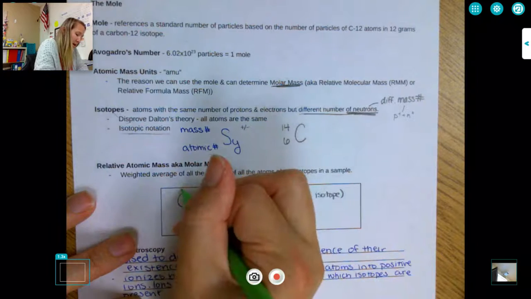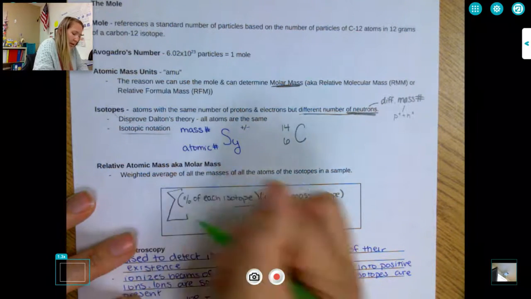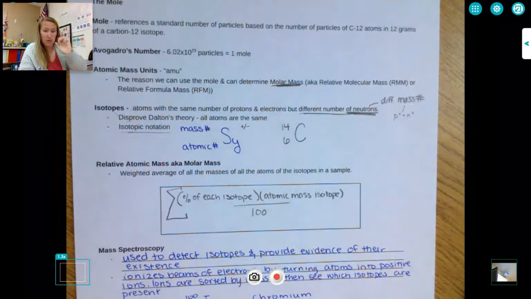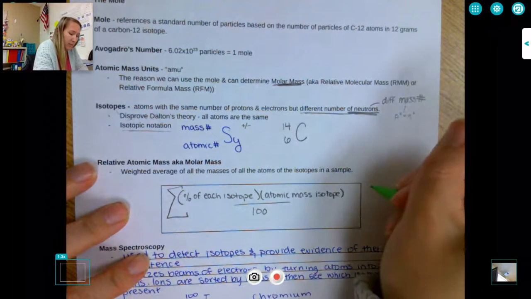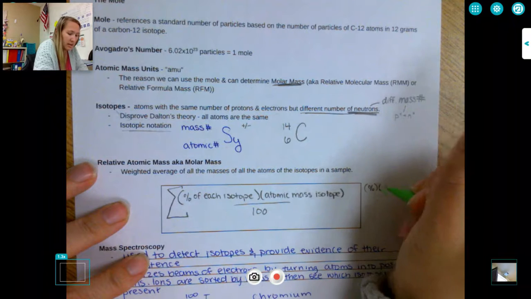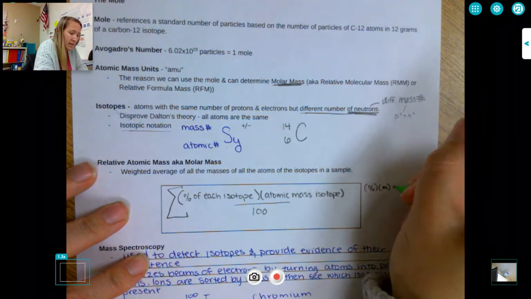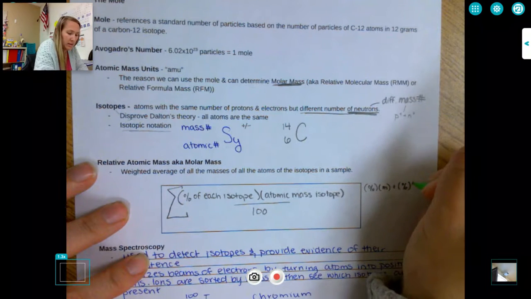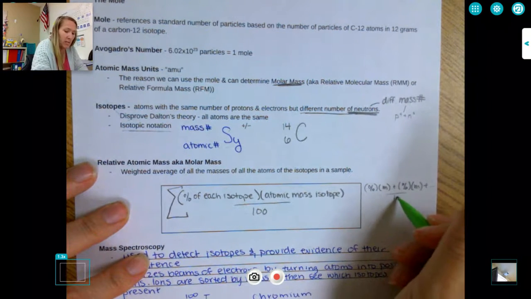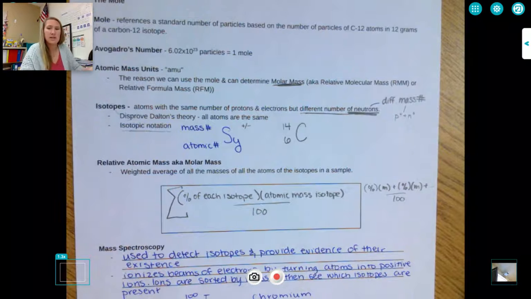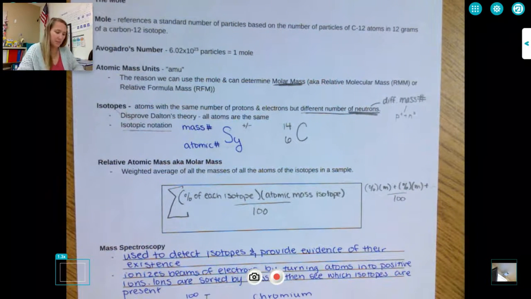And this is the sum of each of those. So remember, this means sum of. So that means it is the percent times the mass plus the percent times the mass, and so on and so forth. And we divide all of that by 100 because we have percents. And that gives us our average atomic mass, or the relative atomic mass.